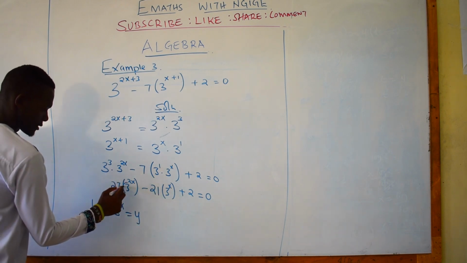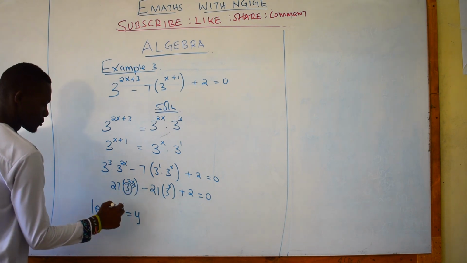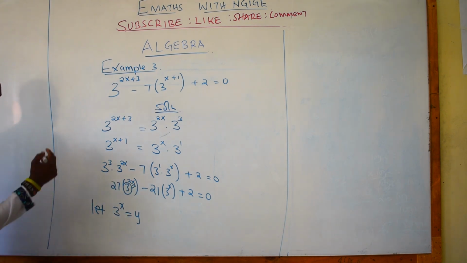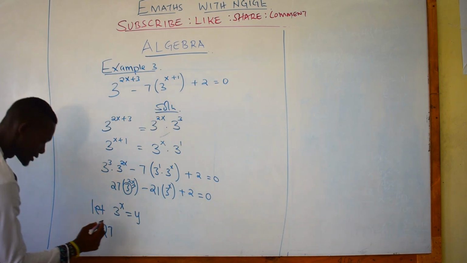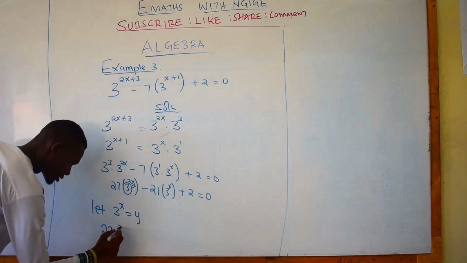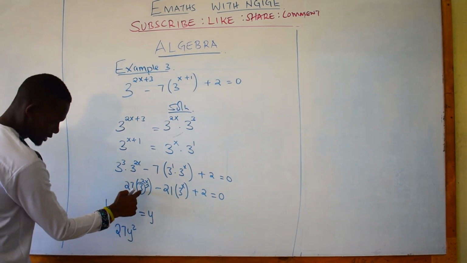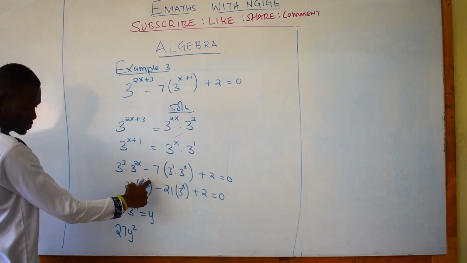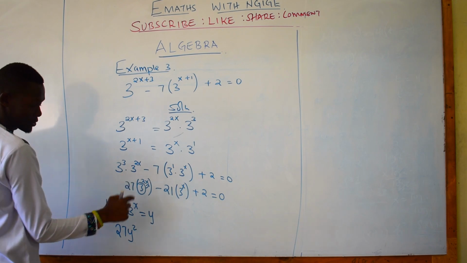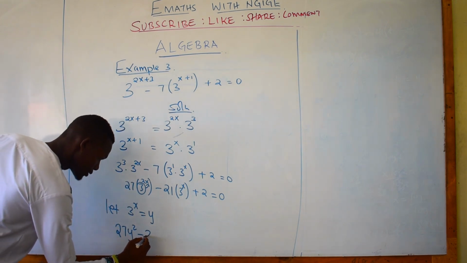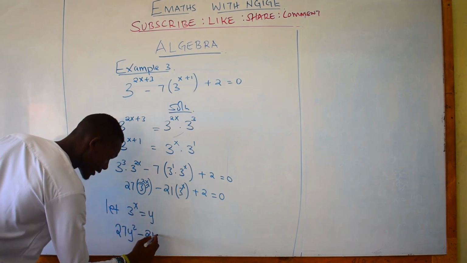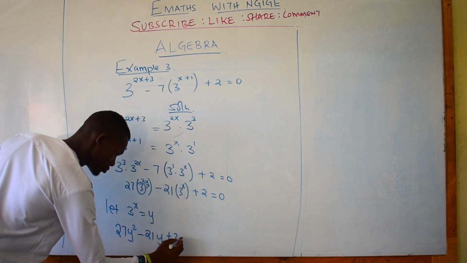Remember, 3^(2x) will be our y squared. So this becomes 27y squared, then minus 21y, then plus 2 equals 0.